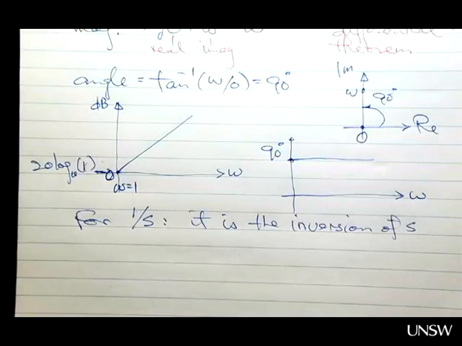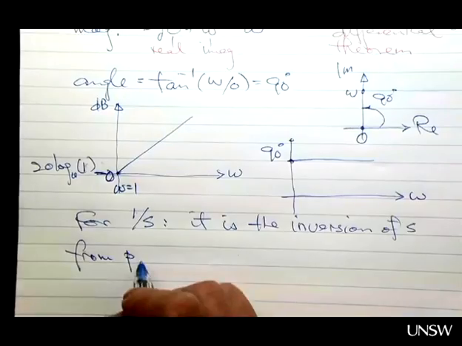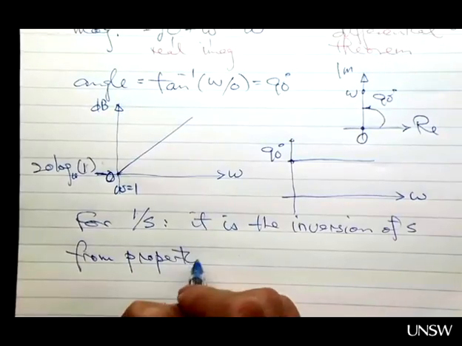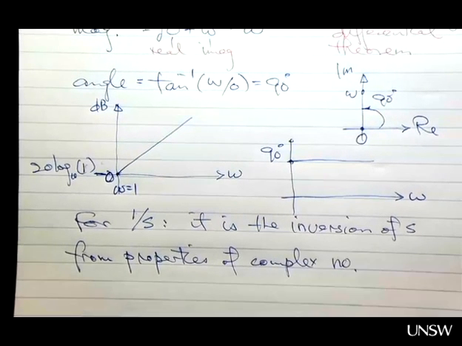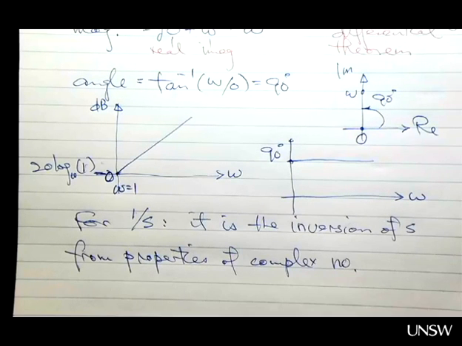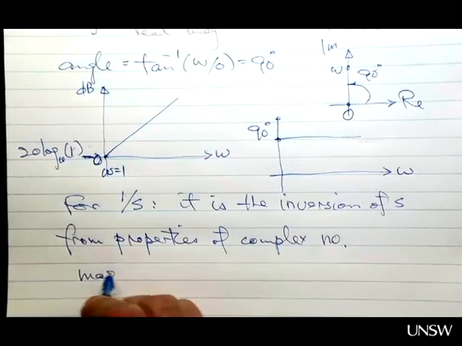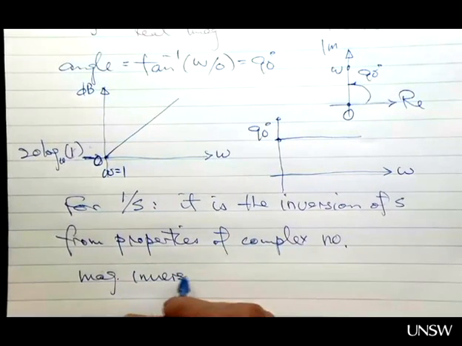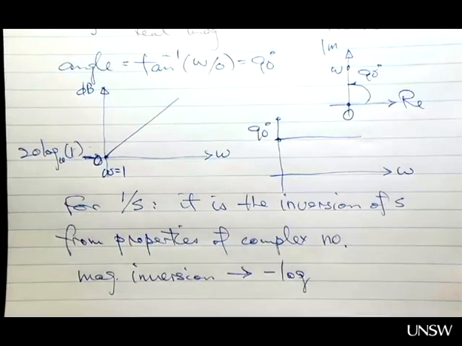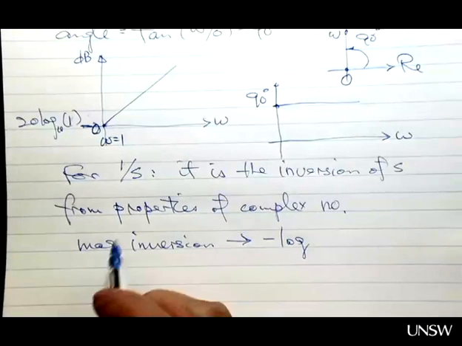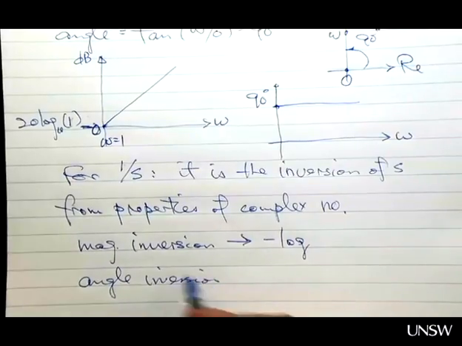So from the properties of complex numbers, the magnitude inversion becomes a negative logarithm. And the angle inversion also becomes a negative angle.